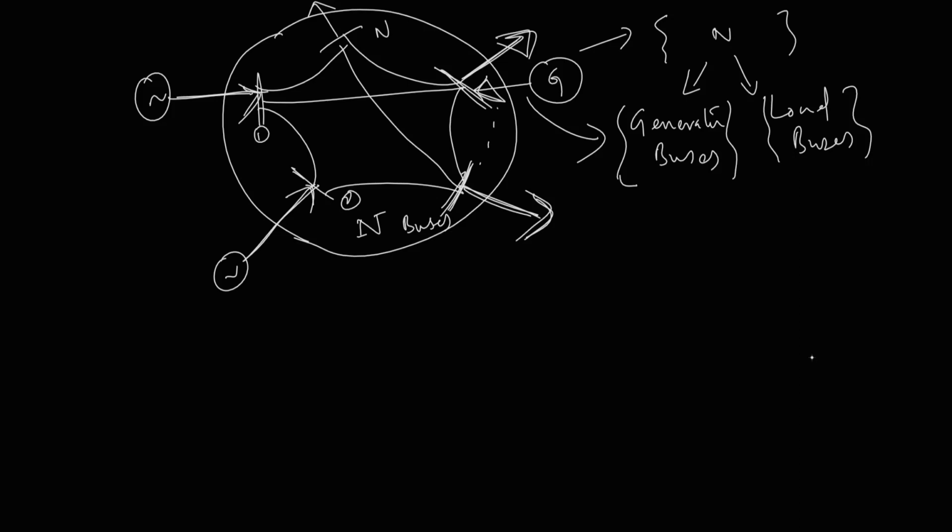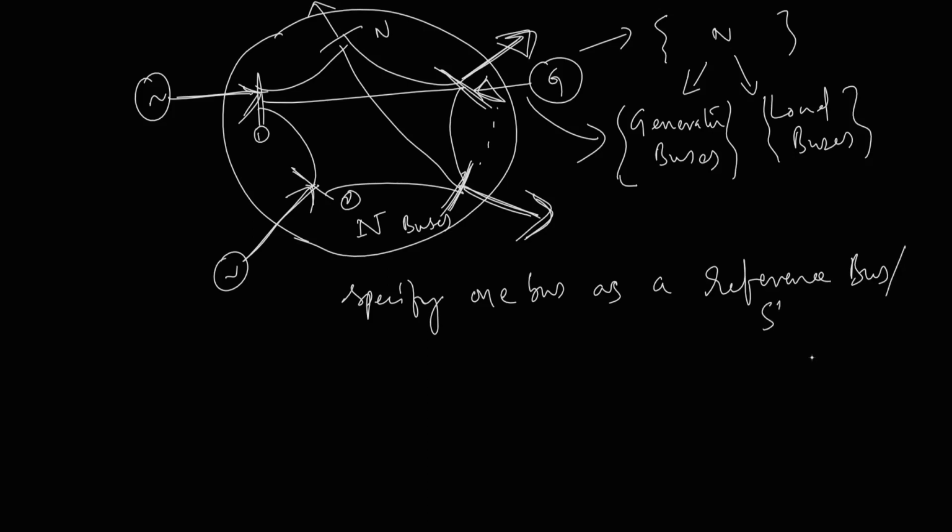Now to conduct the load flow studies using the iterative methods, I need to specify one bus as a reference bus, or normally also called the slack bus, reference bus, slack bus.